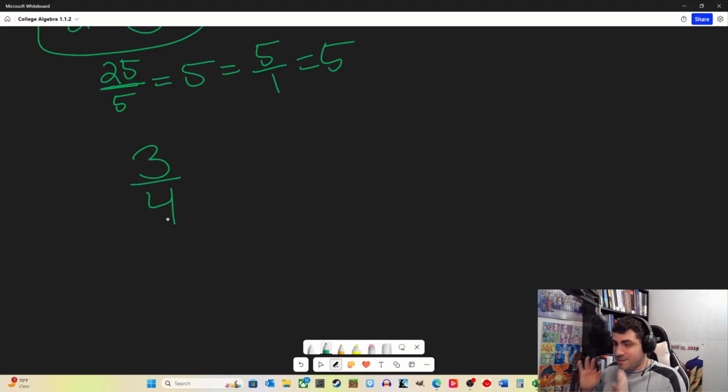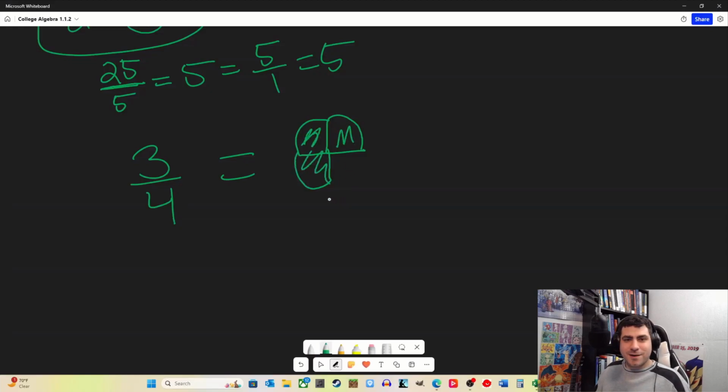That is as simplified as that number can get. And you would see this fraction and think, oh, that's 3/4. That is literally 1, 2, 3/4 of a pie, right? I'm not an artist. I used to be, not anymore. So this is 3/4, right?